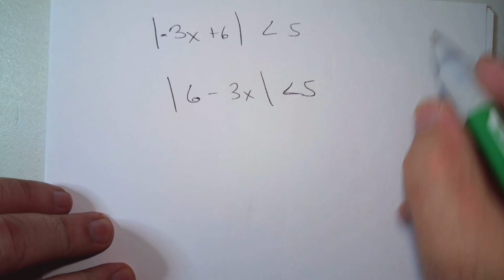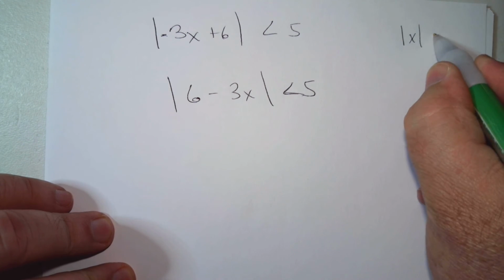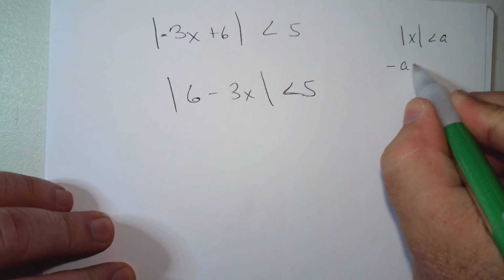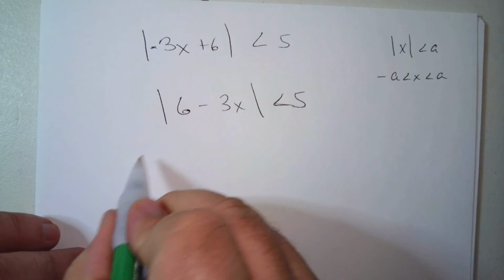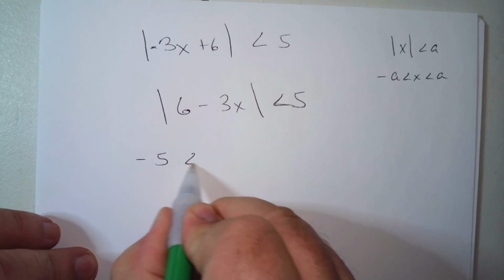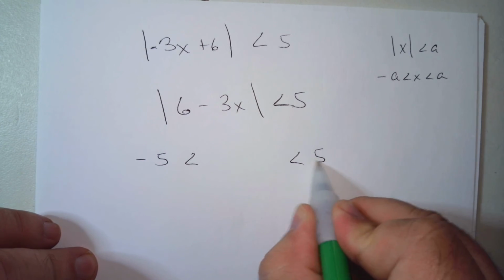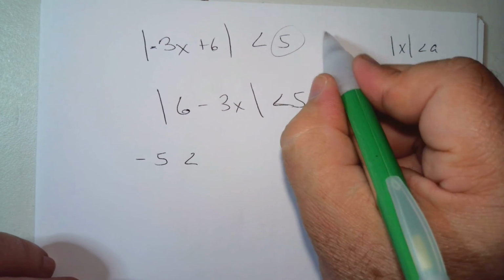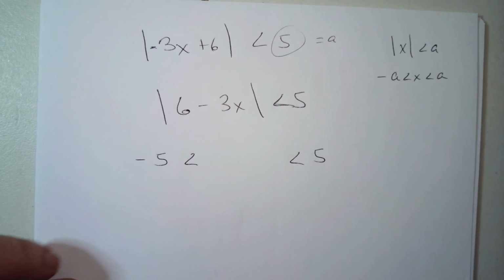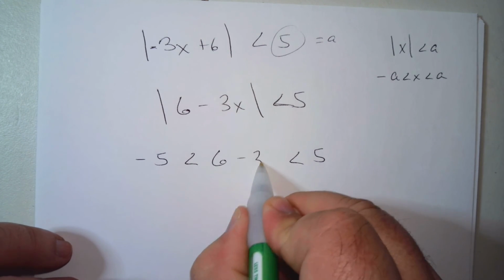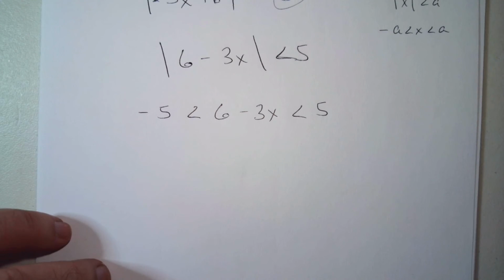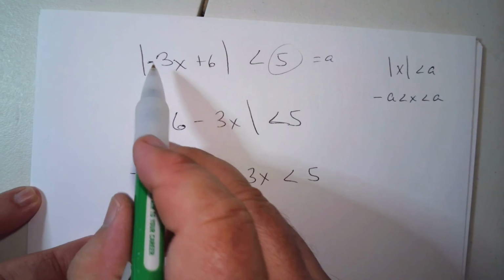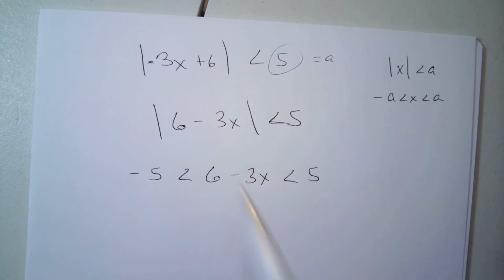Since it's less than, remember, absolute value less than a becomes negative a less than it less than positive a. So it's negative 5 less than positive 5. This is my a.